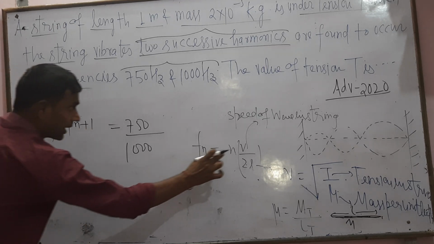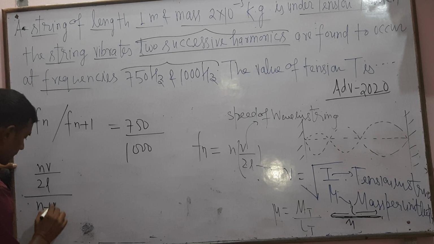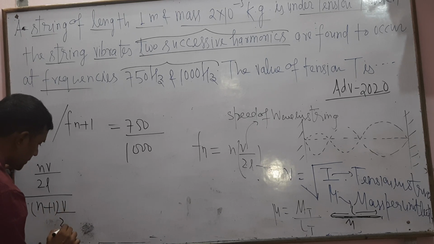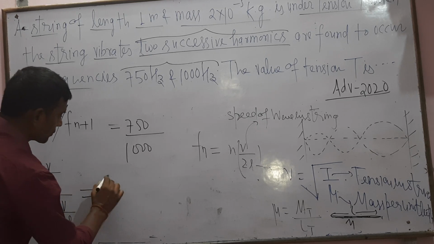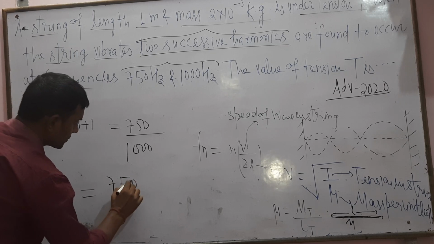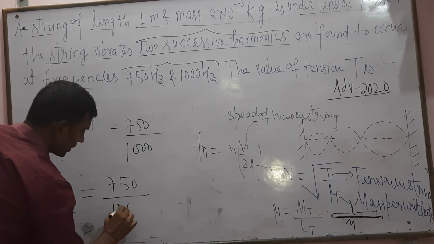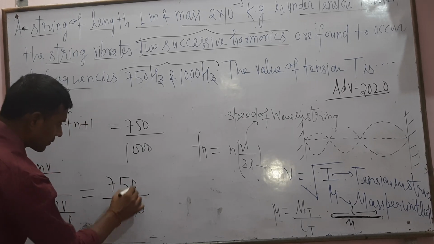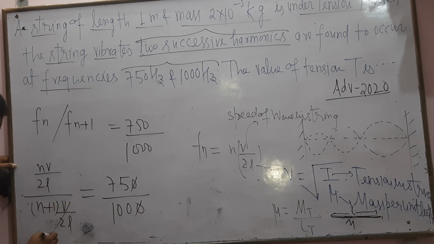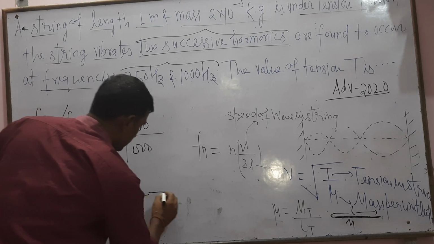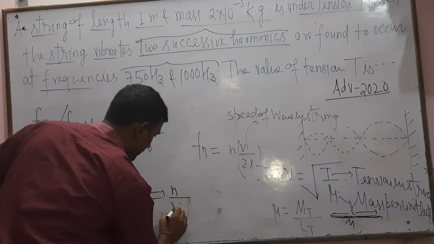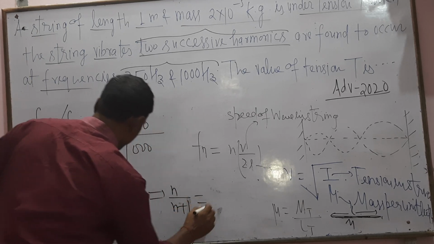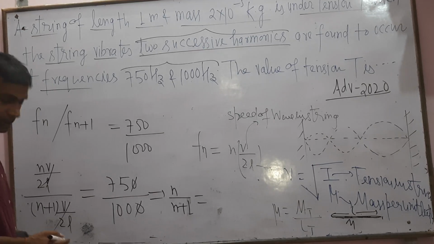In place of n we put n+1, v by 2l, which equals 750 divided by 1000. The 1000 is cancelled here, and v by 2l also cancels. So we can say n divided by n+1 equals 75 divided by 100.